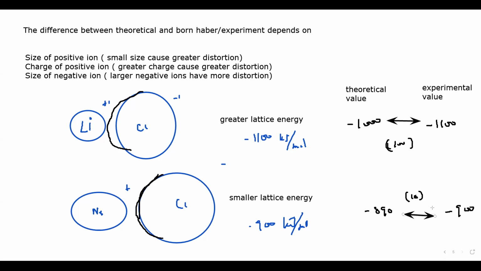Is it clear? Smaller size positive ions cause more polarization, so they increase the difference in the theoretical and experimental value of lattice energy. Is it clear, this part?